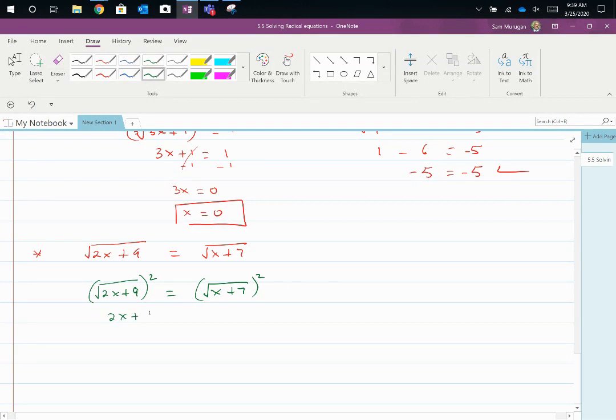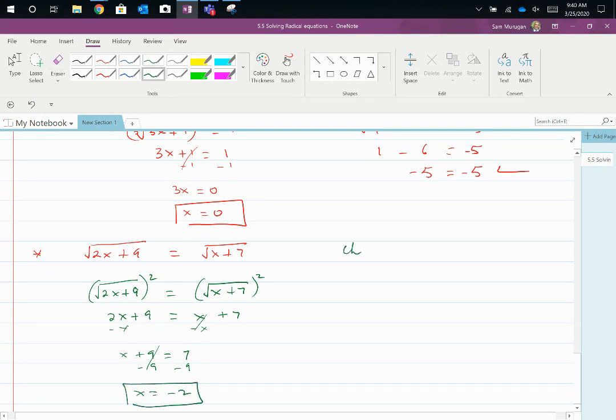We get 2x plus 9 is equal to x plus 7. And solving here, we take away x from both sides to give x plus 9 is equal to 7. Then take away 9 from both sides to give x is equal to negative 2.